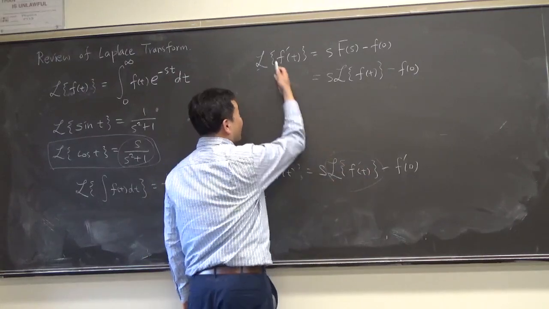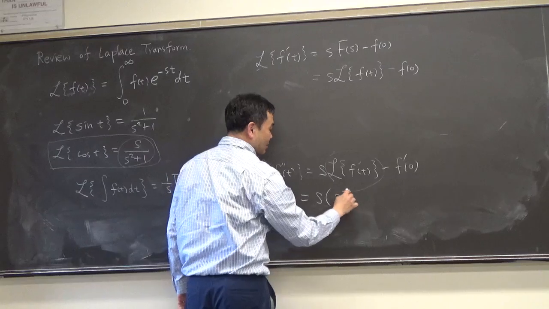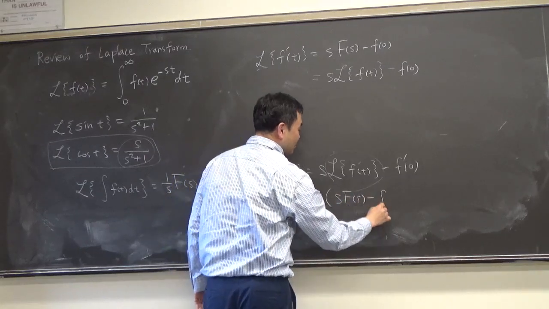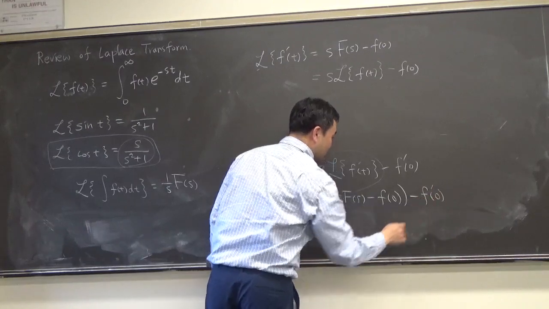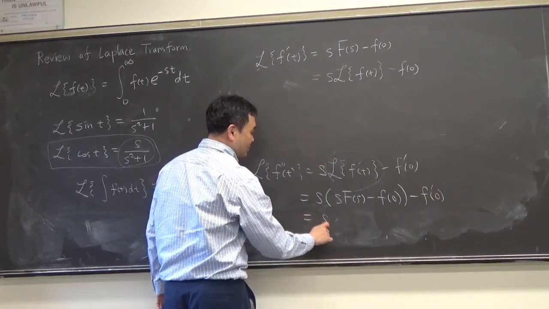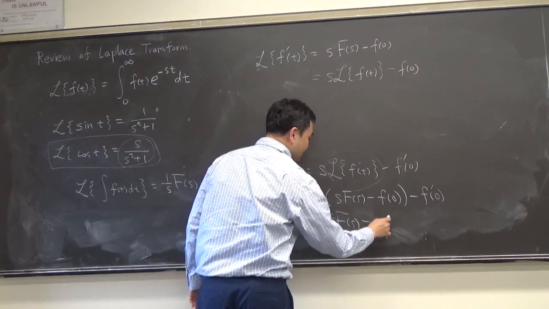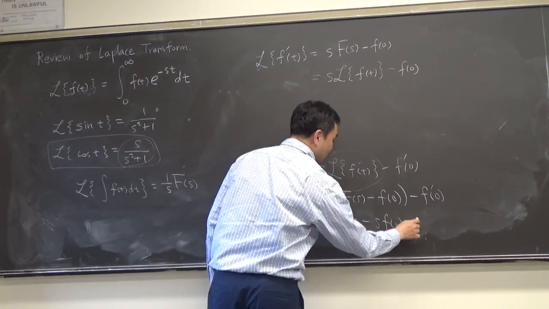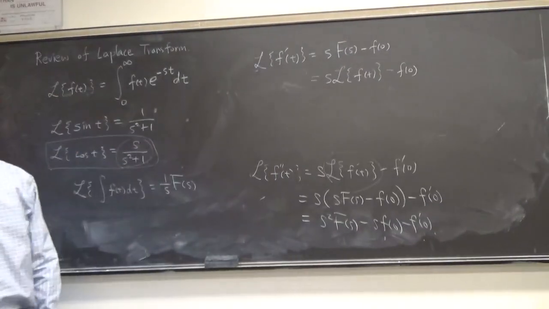This one, I have it here. So it will be s times (s F(s) minus f of 0) minus f prime of 0. And then it's going to be s squared F(s) minus s f(0) minus f prime of 0. Okay?